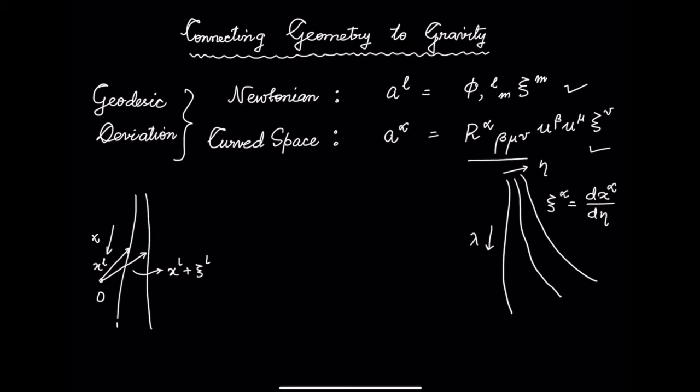So it seems that this quantity, the Riemann curvature tensor, is kind of equivalent to the quantity phi_lm in the case of curved space.